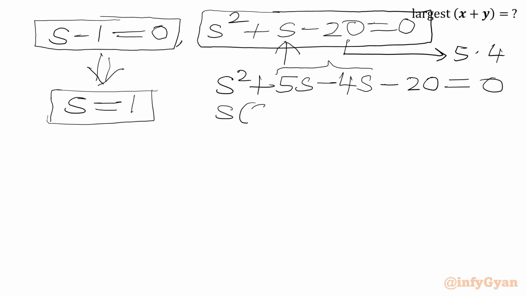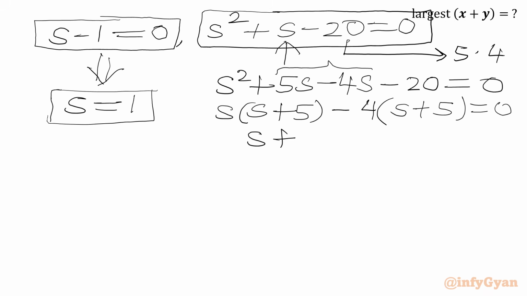Now we will take S common from the first two terms. So we will get S plus 5 in the bracket. Minus 4 is common from the last two terms. We will get S plus 5 in the bracket equal to 0. Now S plus 5 is overall common. So in the other bracket, we are going to write S minus 4 equal to 0.